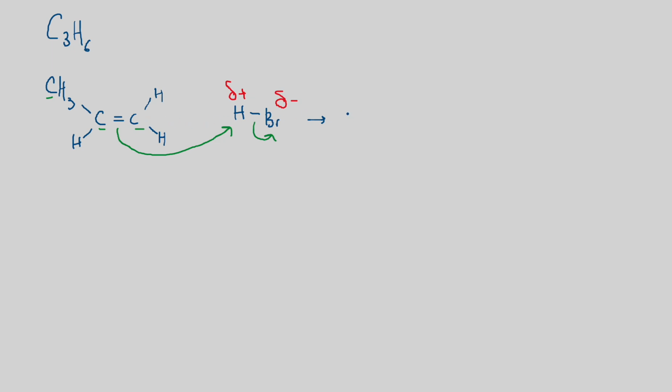So I will have CH3 carbon. So let me draw hydrogen here, and here I have carbon, hydrogen, hydrogen, and on the third carbon we say that we have hydrogen. On the second carbon, remember, the second carbon lost one electron, so it becomes positively charged.